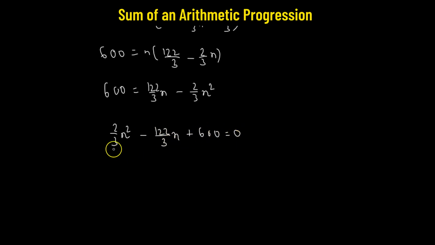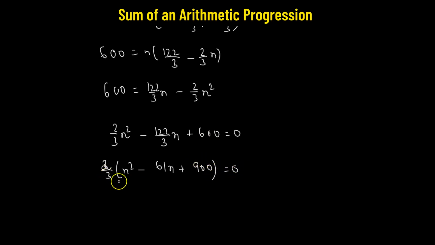So here we are going to take 2 over 3 as the common factor. So we're going to get n squared minus, 122 divided by 2 is 61, so 61n, plus 600 divided by 2, which is 300. 300 multiplied by 3 will be 900, which equals 0.